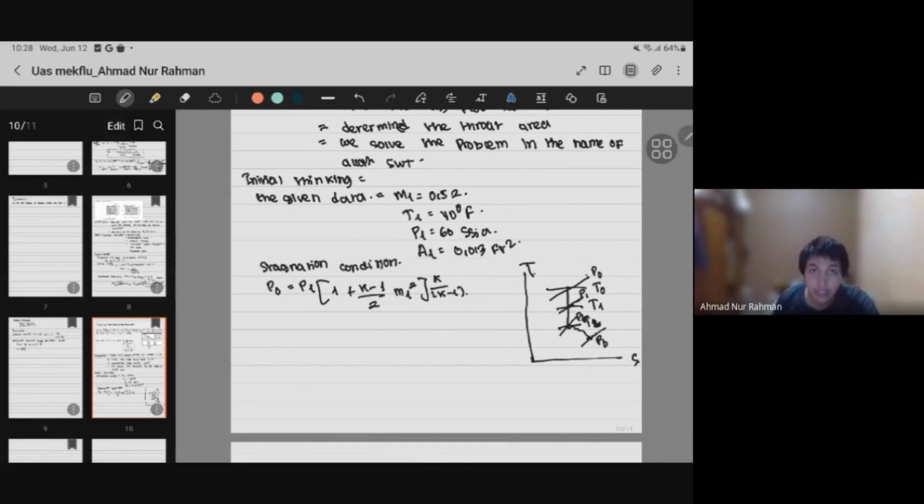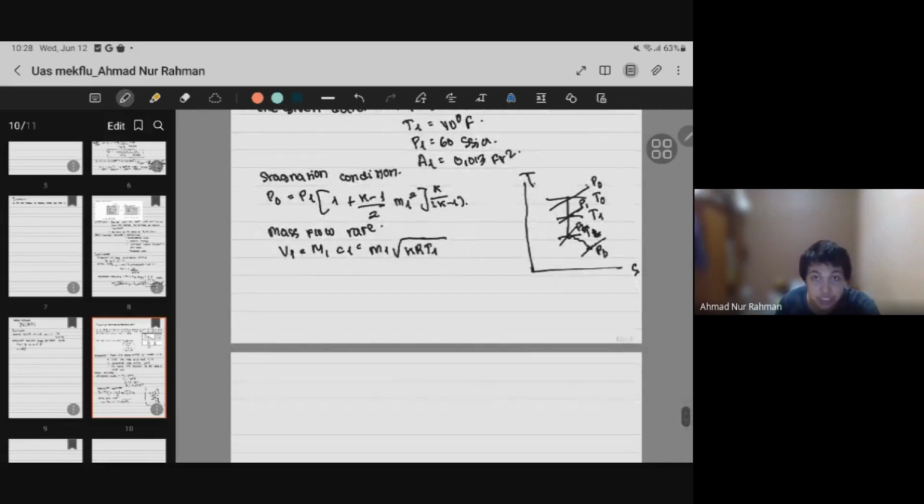After that, we can search for the mass flow rate. We need to find the mass flow rate: V1 equals M1 C1 equals M1 times the square root of k R T1. This is the mass flow rate equation. This is the stagnation condition.